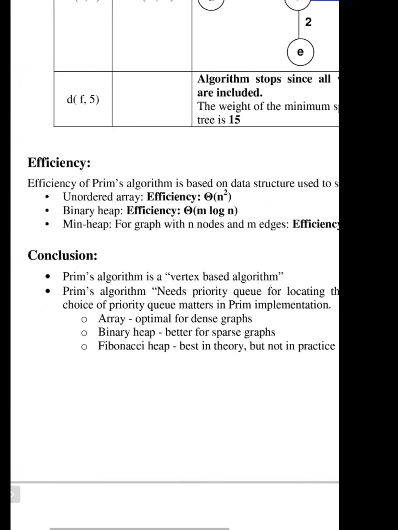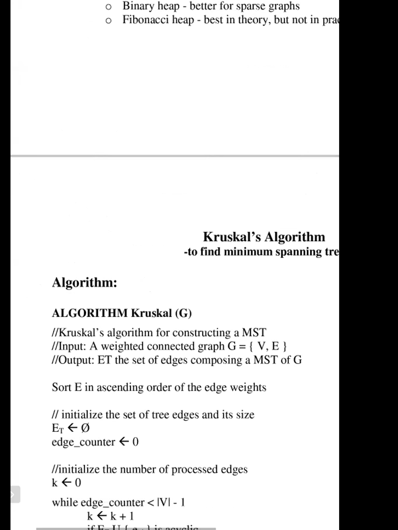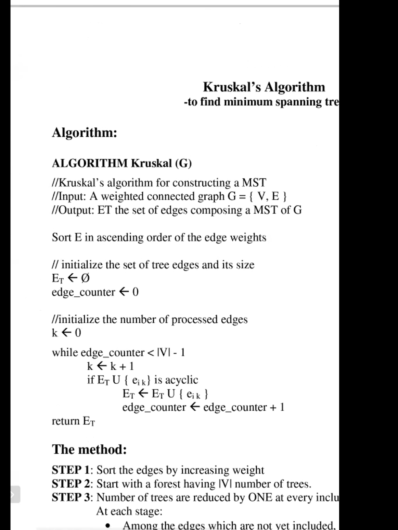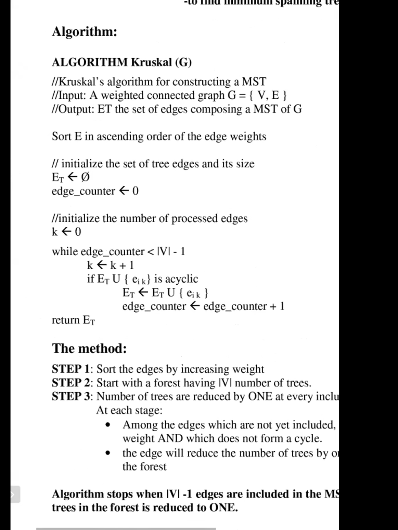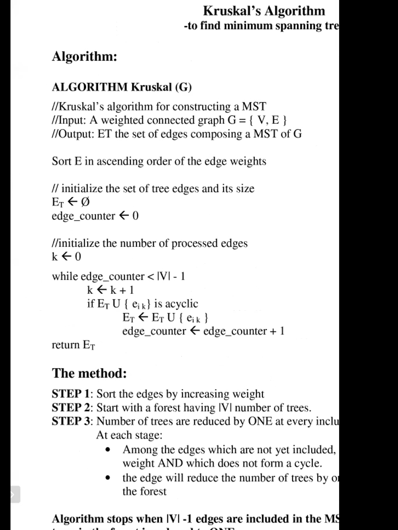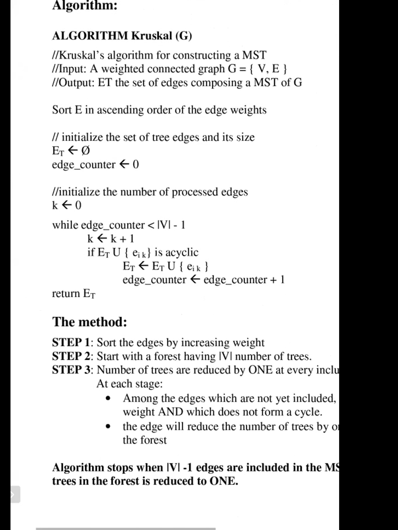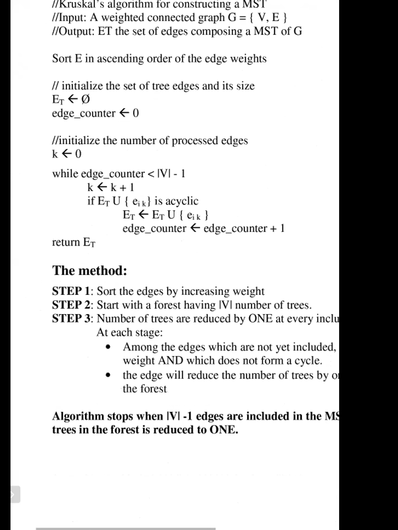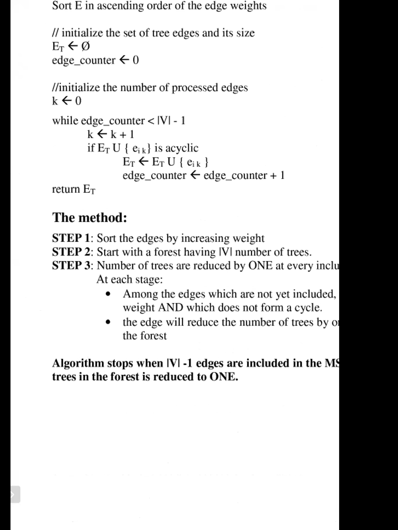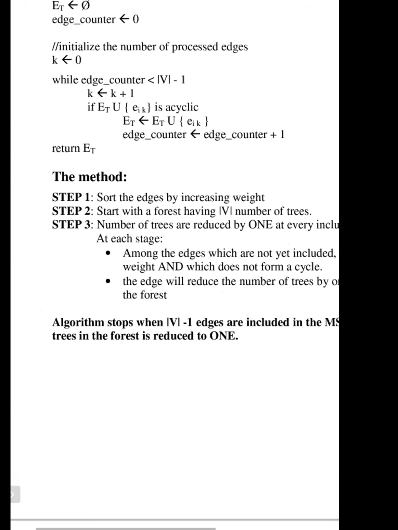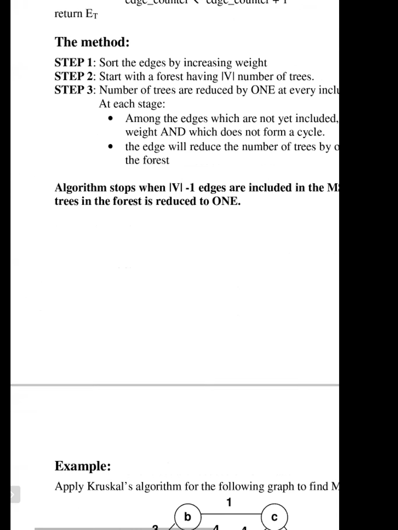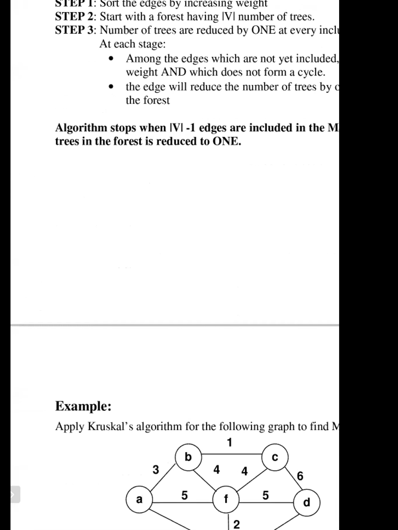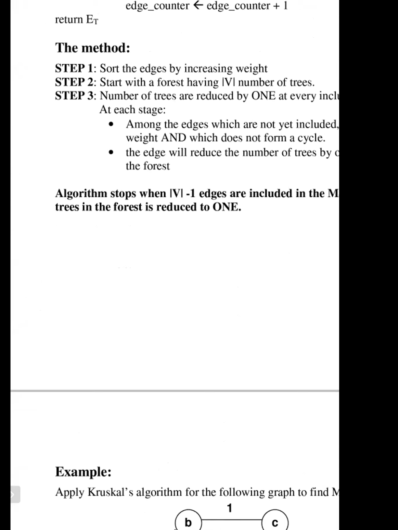So these are some conclusions of Prim's algorithm, and there is a different algorithm, that is Kruskal's algorithm. Kruskal's algorithm is different from Prim's algorithm. In Kruskal's algorithm, what we do is first write the weights of the edges in ascending order. Sort the edges by increasing weight, and we pick one edge after another.